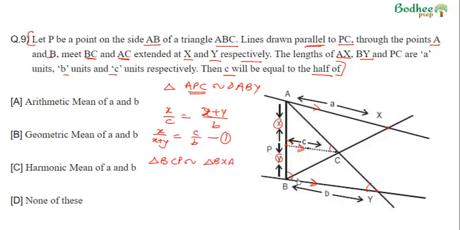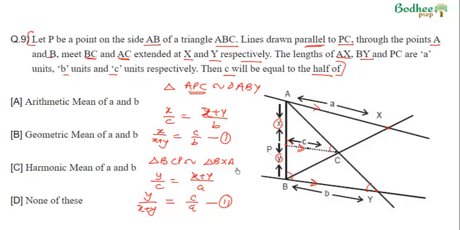Again we can see that if this length is Y and this entire length is Y plus X, then Y over C should be equal to this entire length, which is Y plus X, or we can write it as X plus Y also, divided by A. Let me further simplify it: Y over X plus Y is equal to C by A. This is my equation number 2.